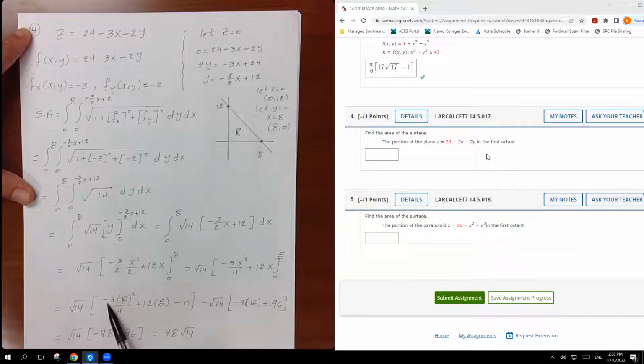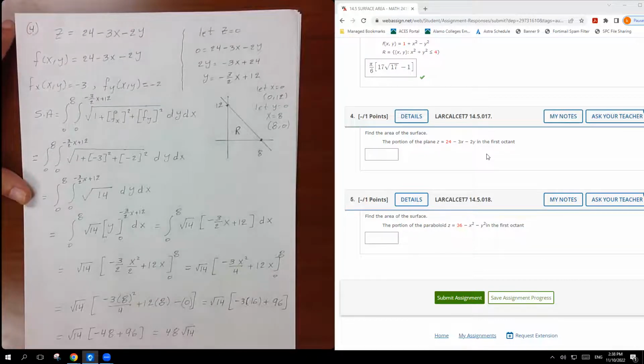Plug in the 8, so it's negative 3 times 8 squared over 4 plus 12 times 8, minus 0. 64 divided by 4 is 16, times negative 3 is negative 48. And 12 times 8 is 96. 96 minus 48 is going to be 48, square root of 14.